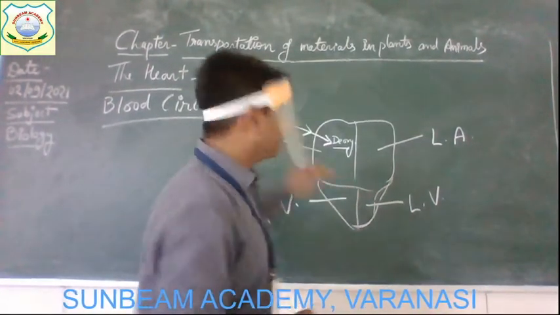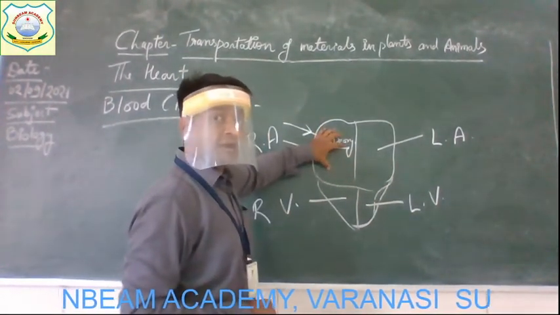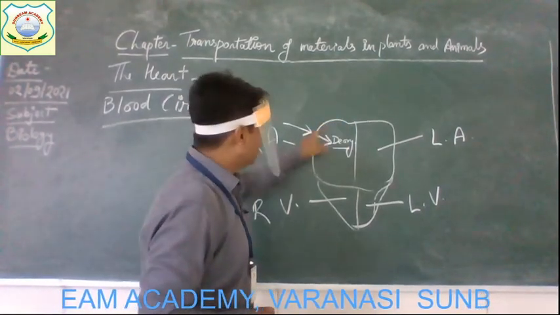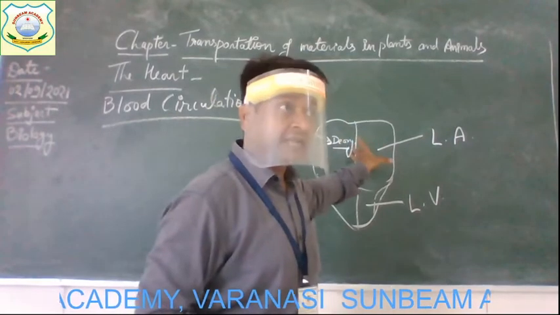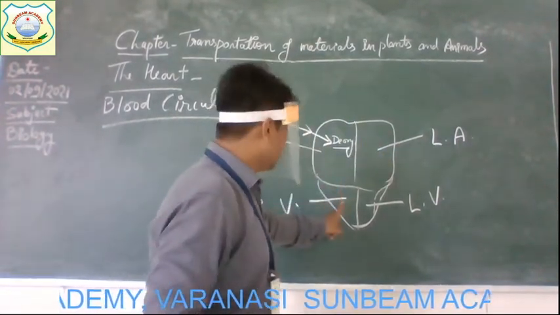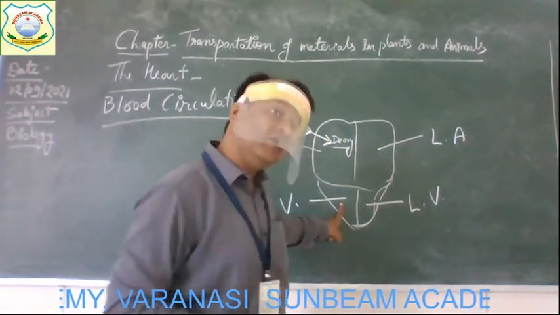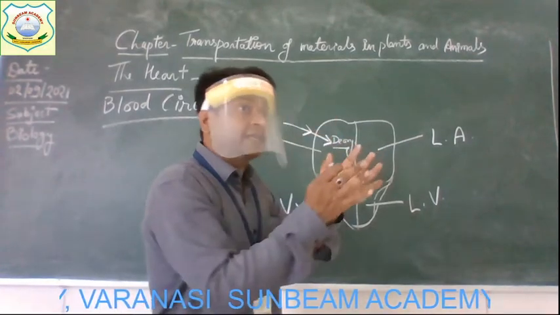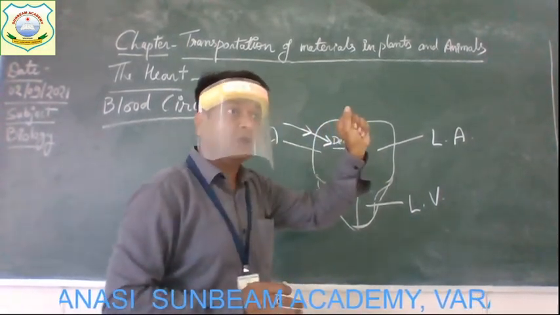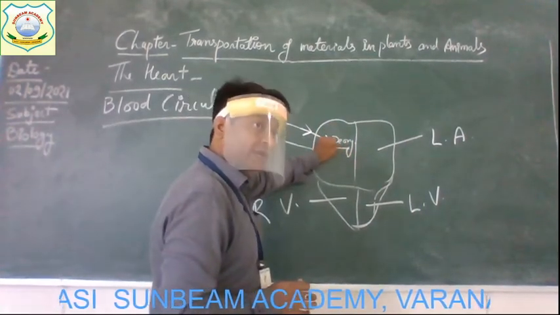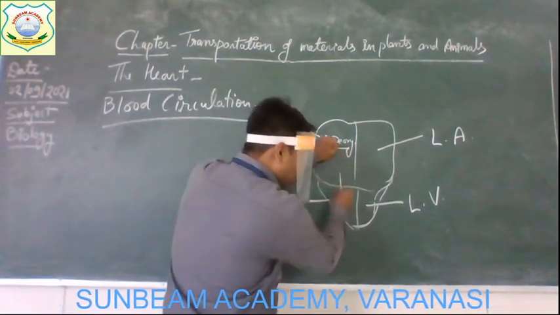Clear? So when the blood comes in this chamber, this right auricle is going to send that blood to the right ventricle. And how will it send it? By contracting, just like a rubber ball. As it contracts, whatever blood is present will move downward.